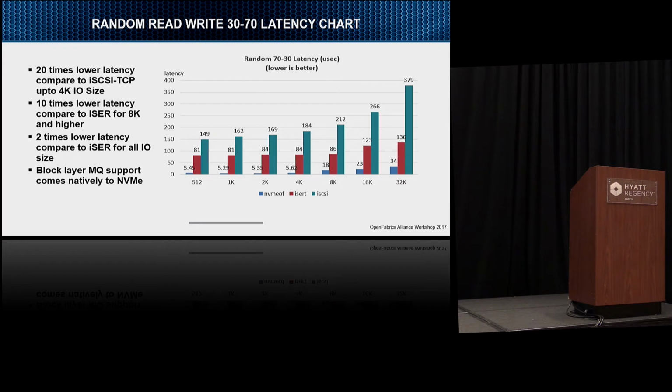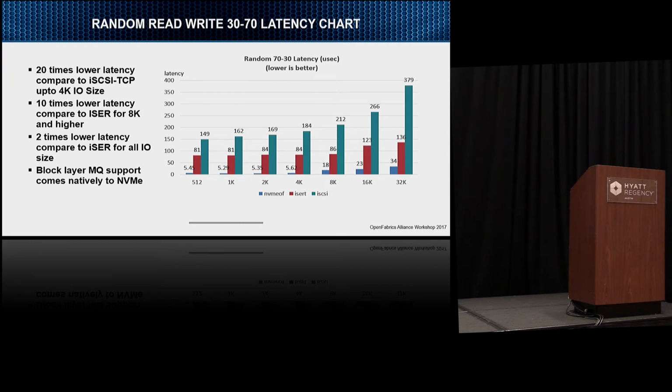The tallest graph that you see is iSCSI over TCP. The red one that we see here is iSER, iSCSI over RDMA. And the shortest one is NVMe over Fabrics with the null driver. And the performance differences are visible.